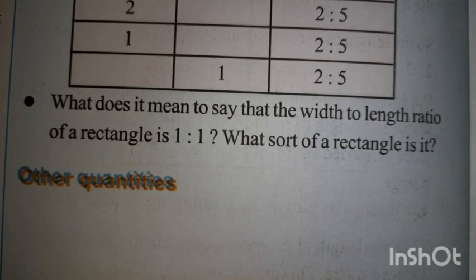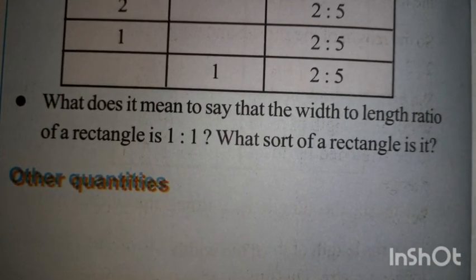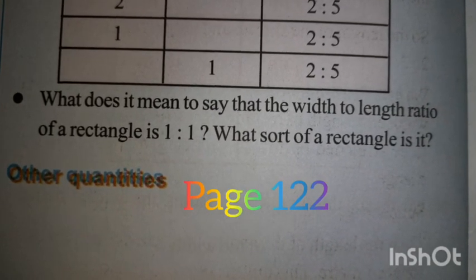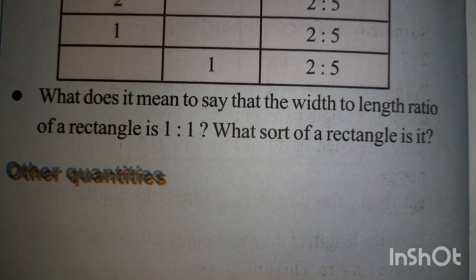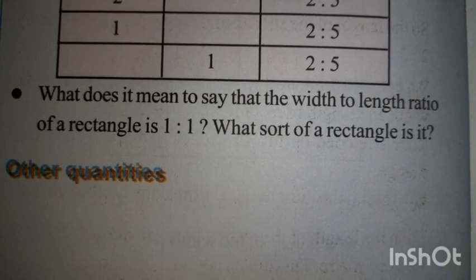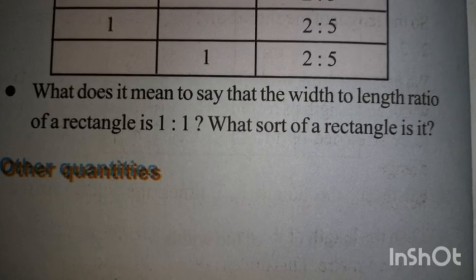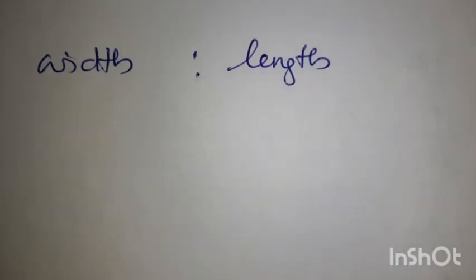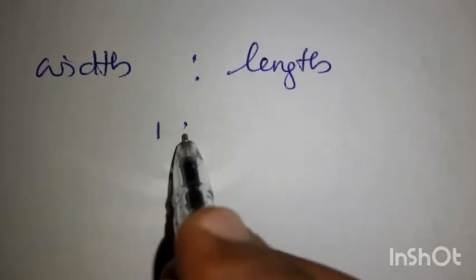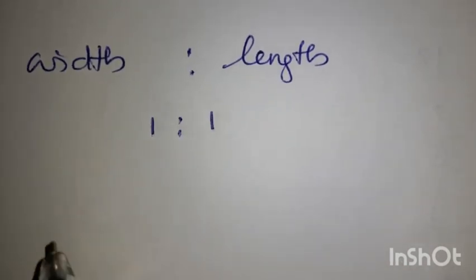See the question. What does it mean to say that the width to length ratio of a rectangle is 1 is to 1? What sort of a rectangle is it? So the width to length ratio is 1 is to 1. What is the meaning of that?